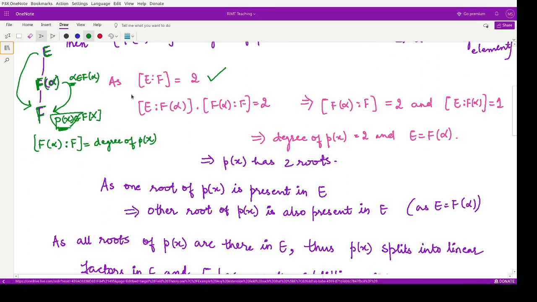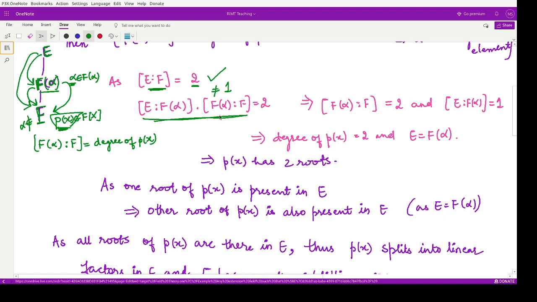So now we have this tower of extensions. The degree of E over F is given to be 2, but we can also write the degree of E over F as the degree of E over F(alpha) times the degree of F(alpha) over F, and this is equal to 2. Now because we have assumed the construction in such a way that alpha does not belong to F, F(alpha) and F cannot be equal, so the degree of F(alpha) over F is not equal to 1.